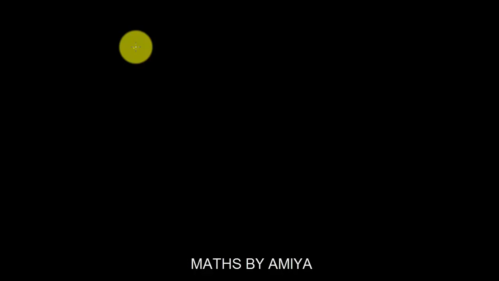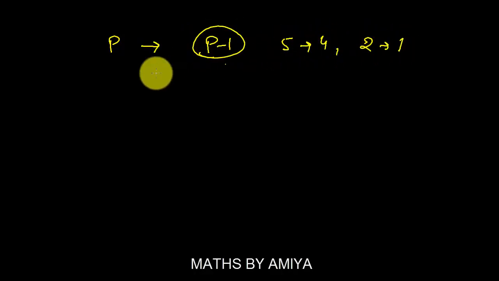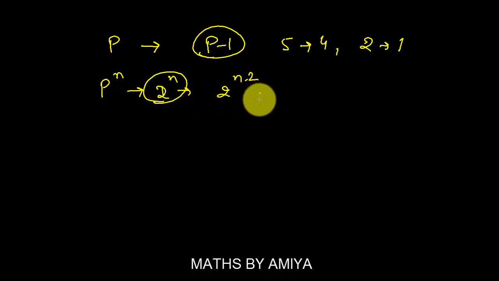So I am summarizing how to find the cyclicity. When you have a prime as a divisor, the cyclicity is prime minus 1. For 5, the cyclicity is 4. For 2, the cyclicity is 1. When you have 2 raised to power n, this is the special case, then the cyclicity is 2 raised to power n minus 2, where n is greater than 2, because we cannot get a 0 or negative value.